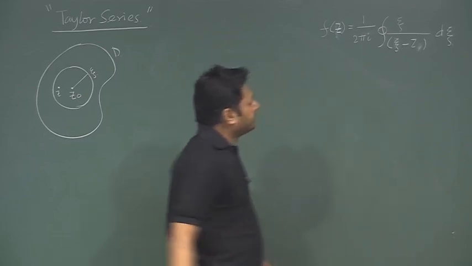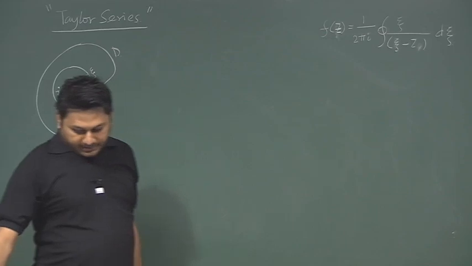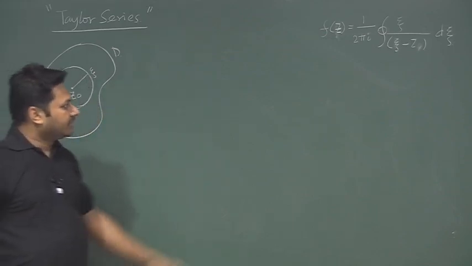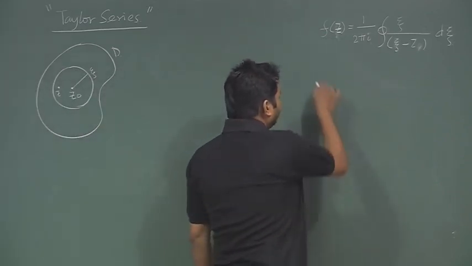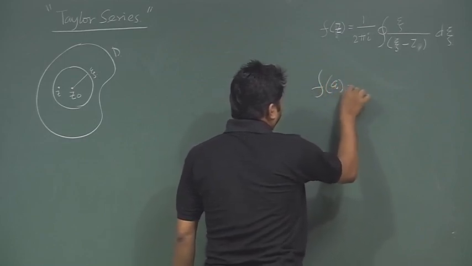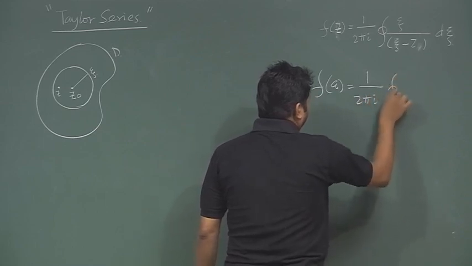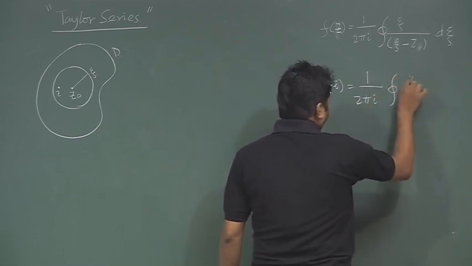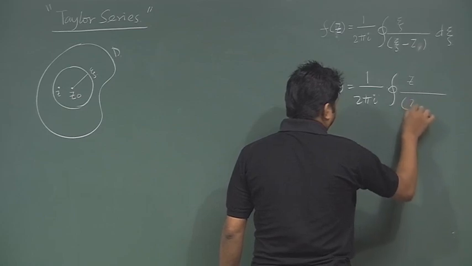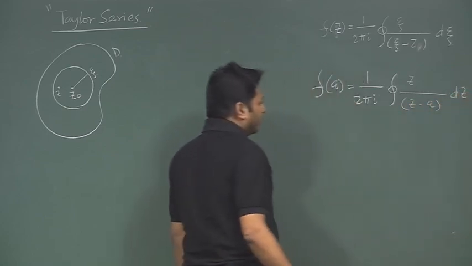Yeah, I write the Cauchy's integral formula in a different way. I write f(z) in terms of xi here. Normally, if you remember, f(a) was 1 by 2 pi i integration of f(z) divided by z minus a dz.